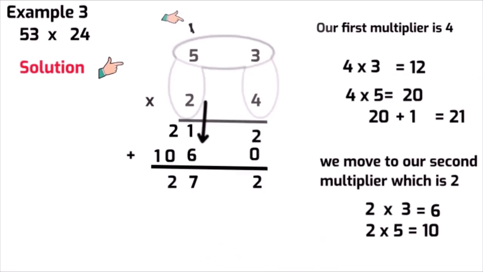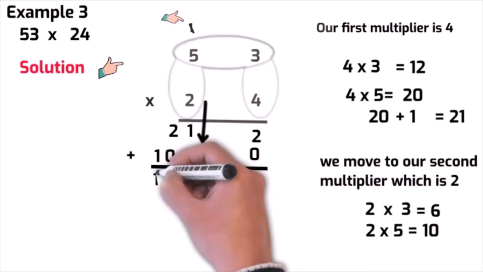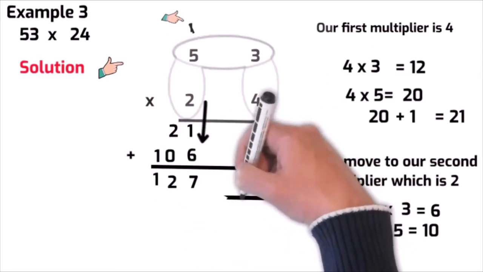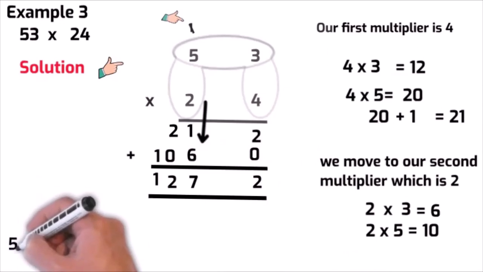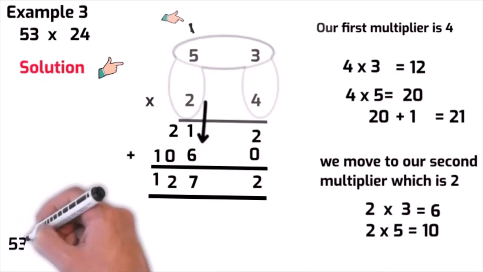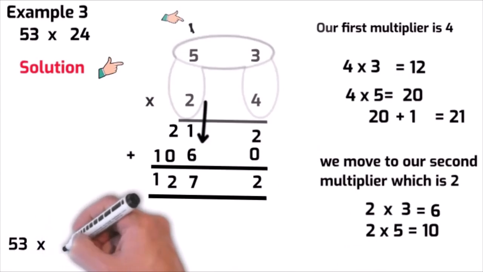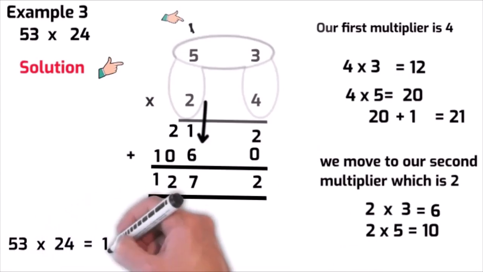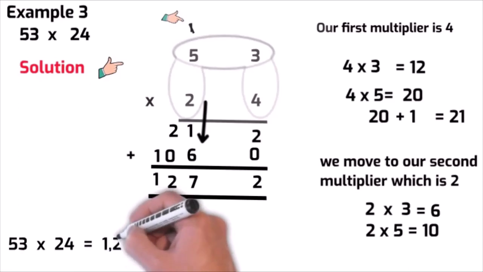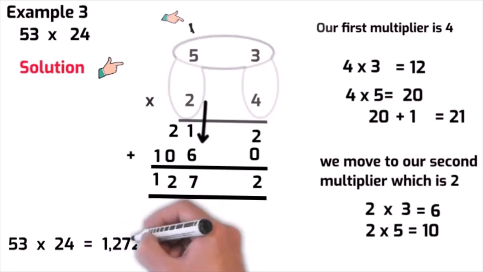We bring down 1. We are through. 53 times 24 is equal to 1,272.